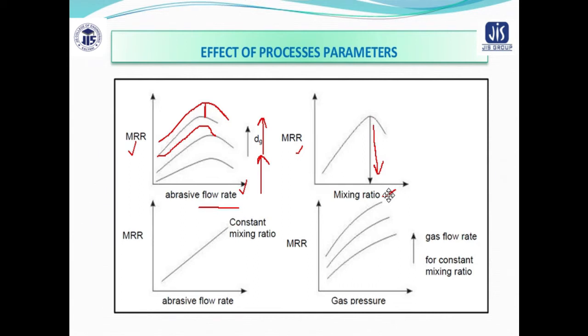Now we will be talking about the effect of mixing ratio on MRR. Just have a look here. Increased mass flow rate of abrasive will result in decrease of velocity of fluid and will thereby decrease the available energy for erosion and ultimately the MRR.